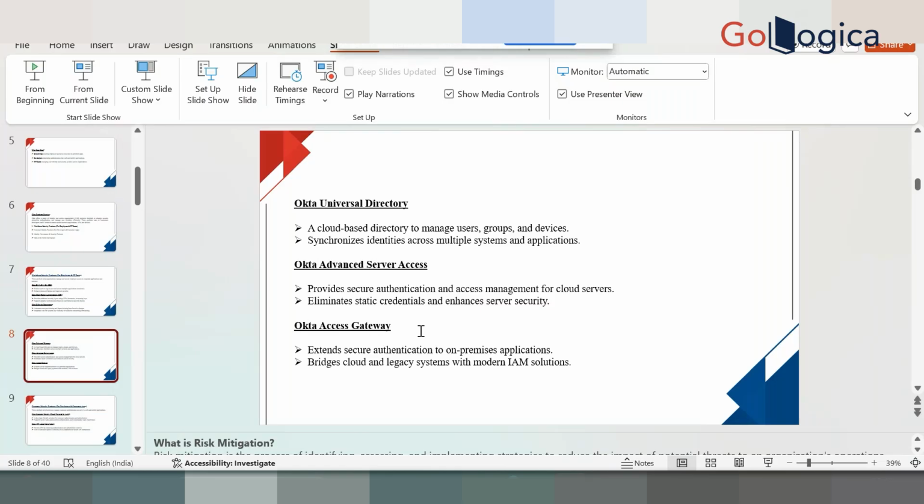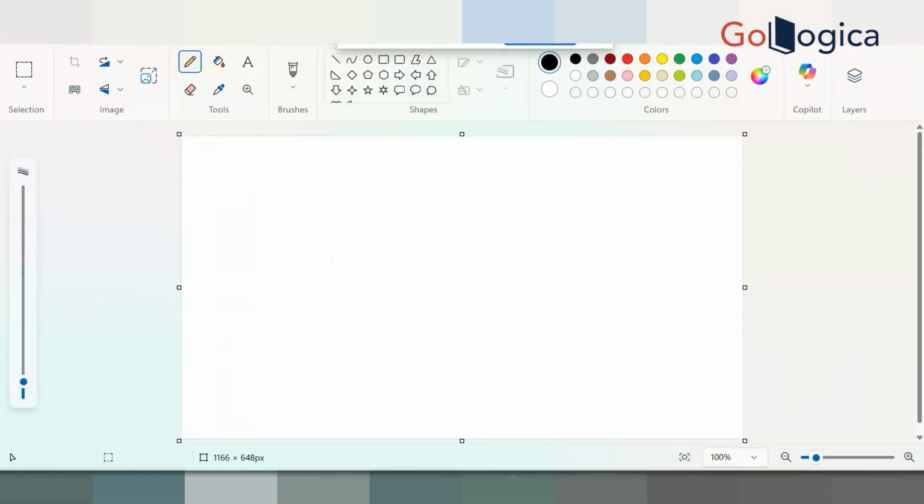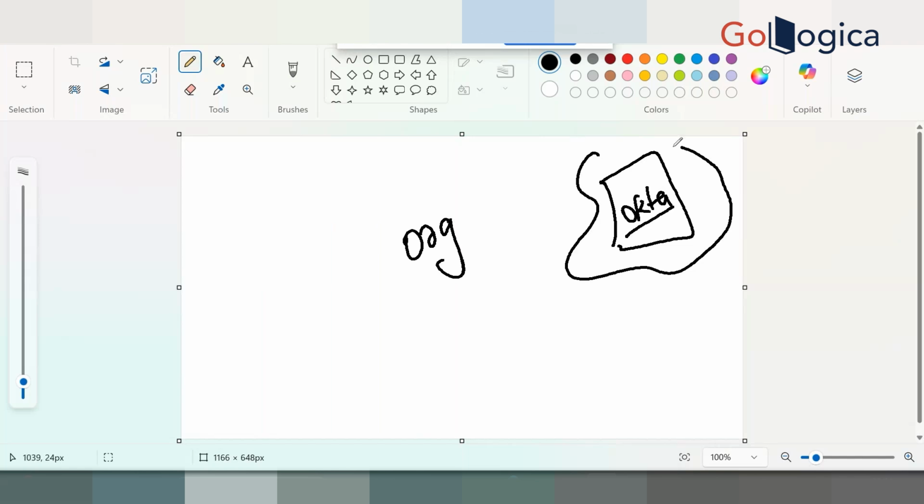Similarly, there is Okta Access Gateway, or OAG. Say my organization has deployed Okta, and Okta is in the cloud.